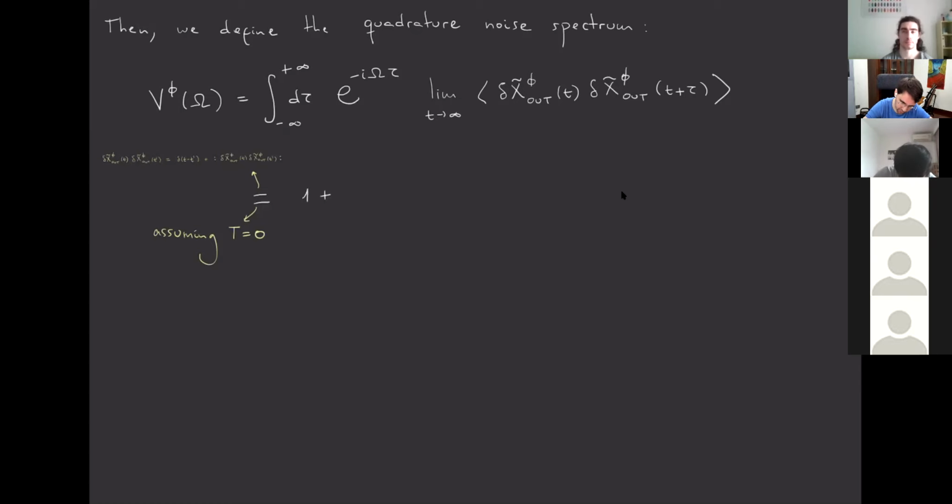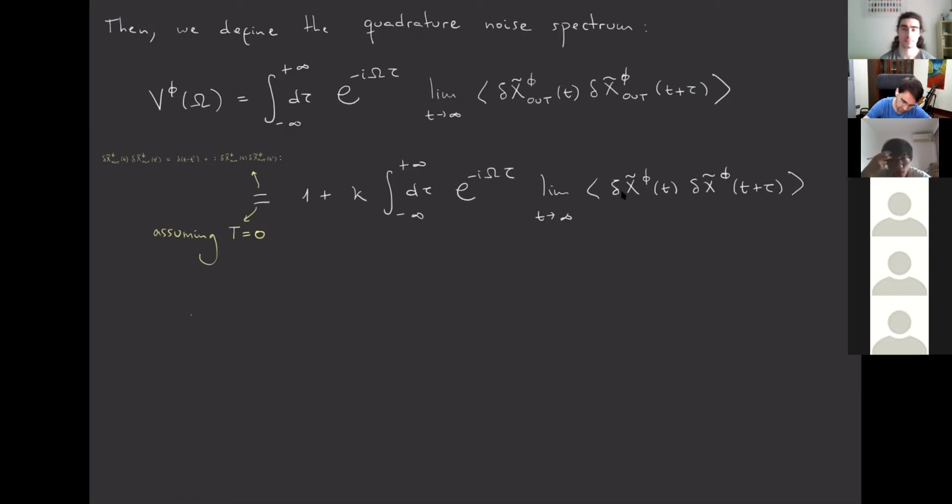So then in particular, at the end of the day, we get an expression that looks like this: 1 plus kappa, and then the integration of the two-time correlation function, but now not of the output field, but of the system field or the system observables.